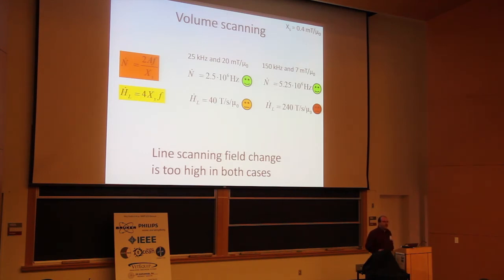So it's somewhere at the edge where imaging is feasible or not feasible. But with the new parameters, we would need a much higher field change, and therefore the scanning speed would need to be greatly reduced to be within the physiological limits. Okay, so that's not the way to go.